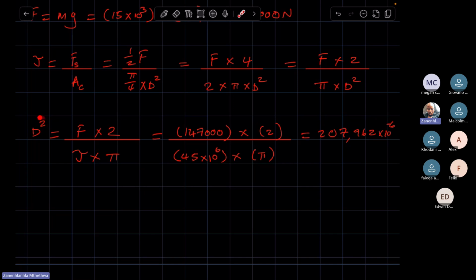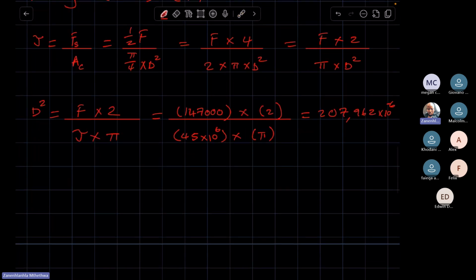But we are looking for d. So to get d now, you simply say d is equal to the square root of what we just got. So 207,962 times 10 to the negative 6. I'm getting 2,079,625 times 10 to the power minus 6.